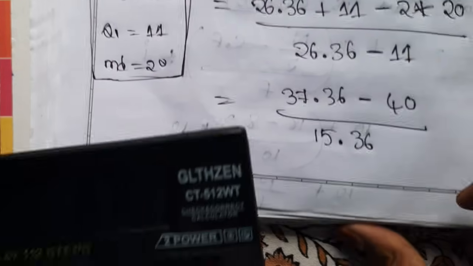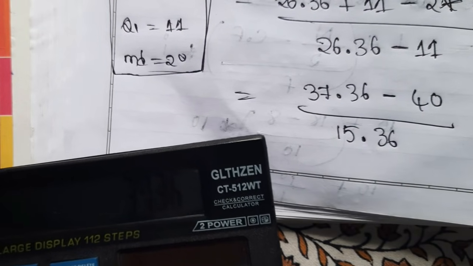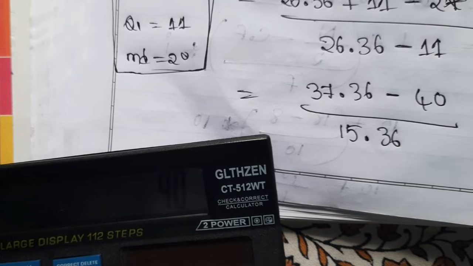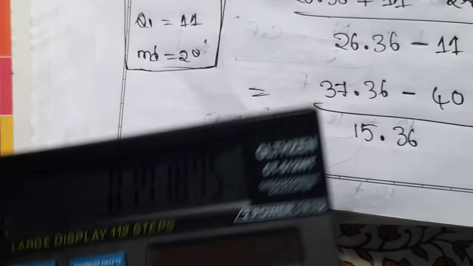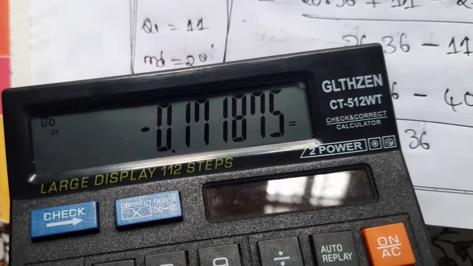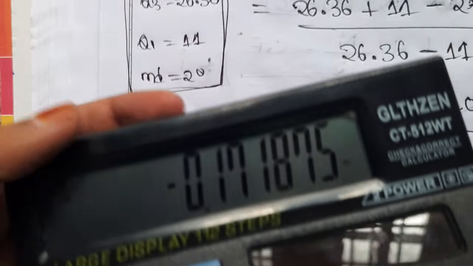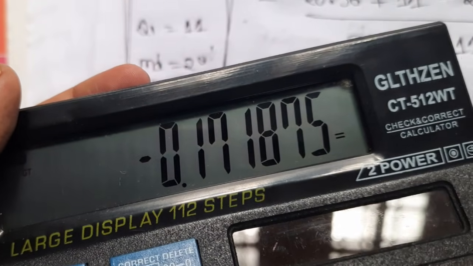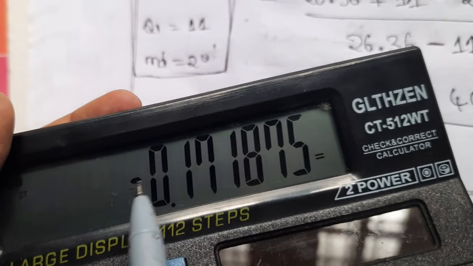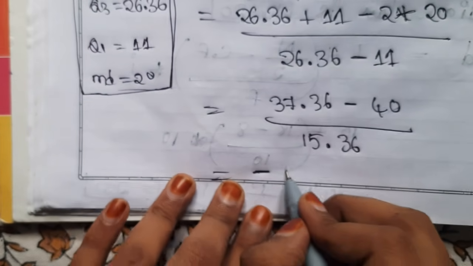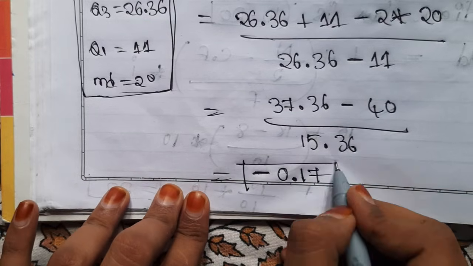So let us do the calculation again. 37.36 minus 40 divided by 15.36. How much we got? We got 0.17. It is in negative. You can see here in the calculator, it is negative 0.17. See, we got the answer in negative.